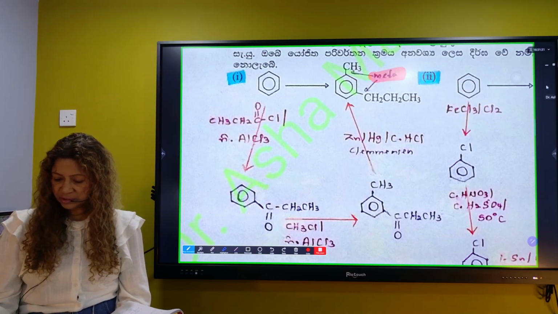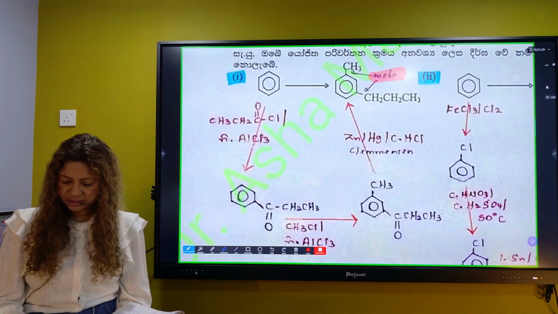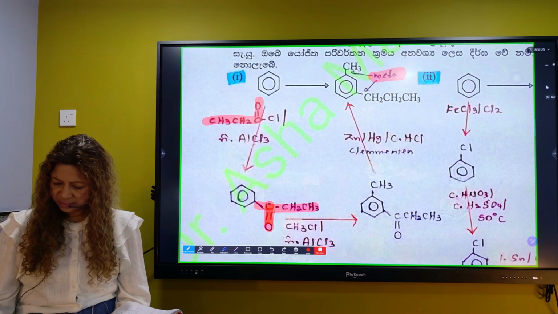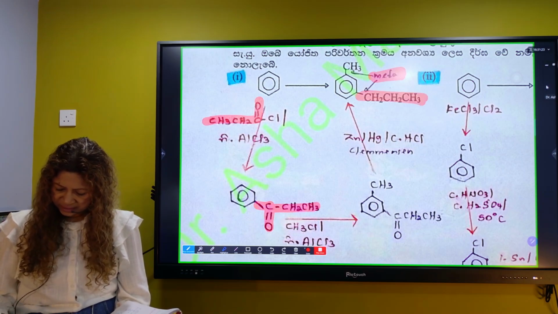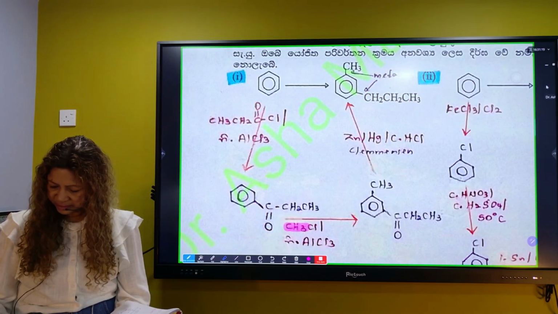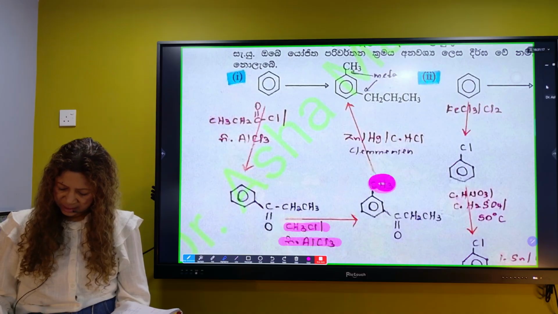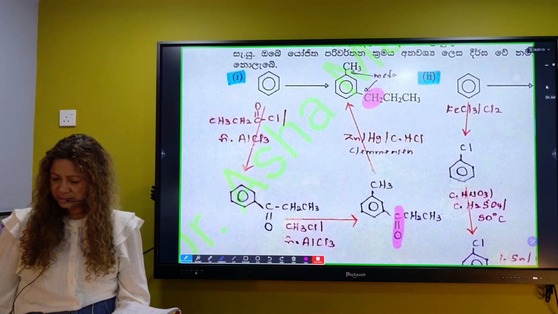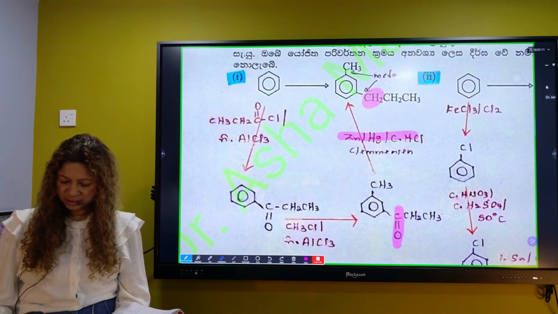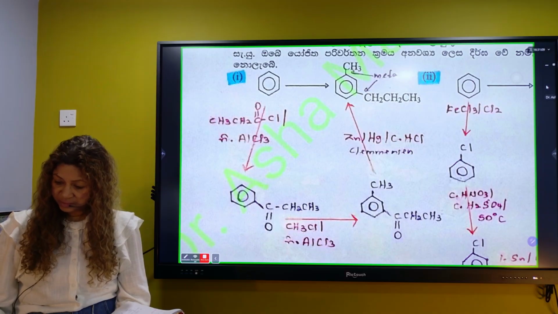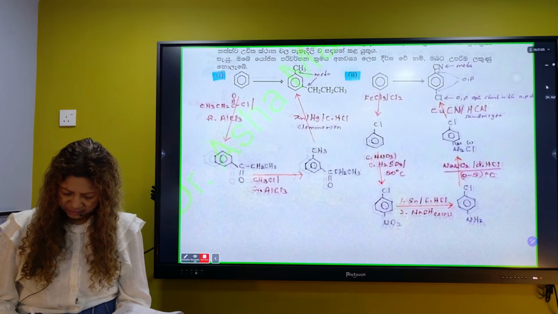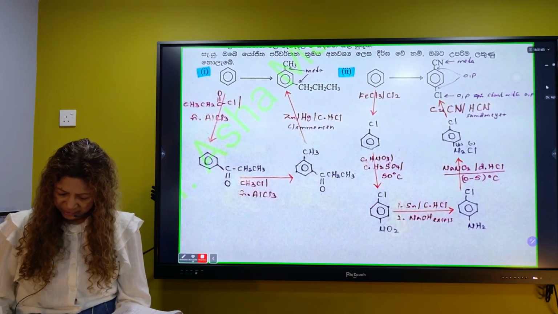So we have to go with joining R groups, not the alkylation but the acylation. So joining that to get this 3 carbon. Just leave it as it is, and when you are adding another group that is directing to meta position, and then Clemmensen reduction to remove this CH2. It's easy. If you have done normal theory, these questions are like nothing.